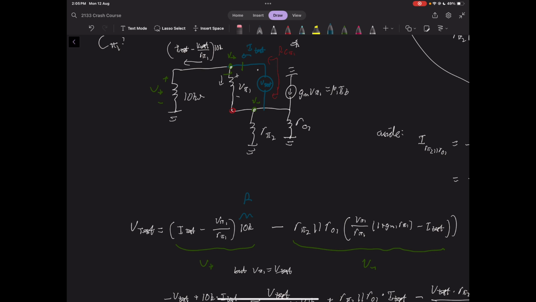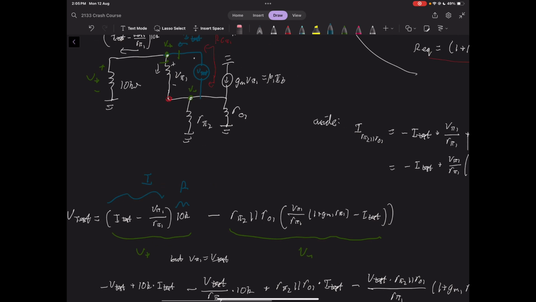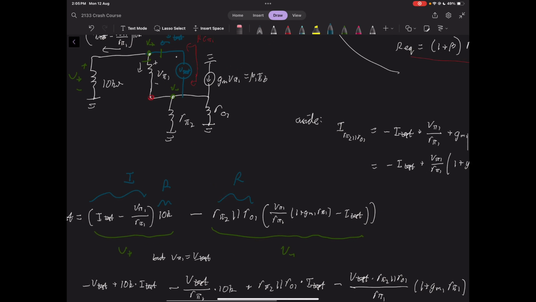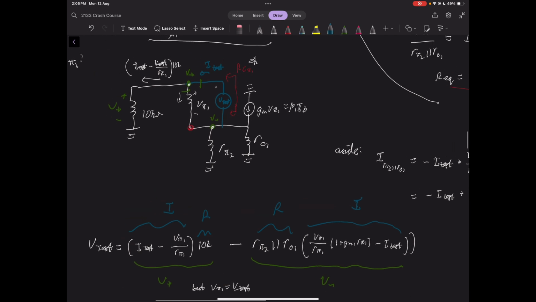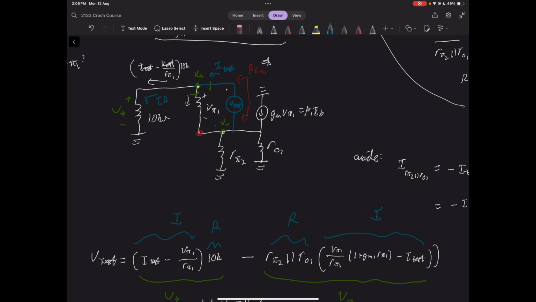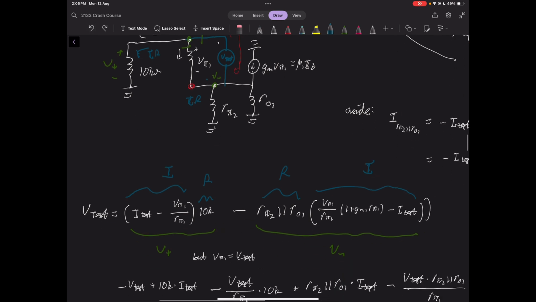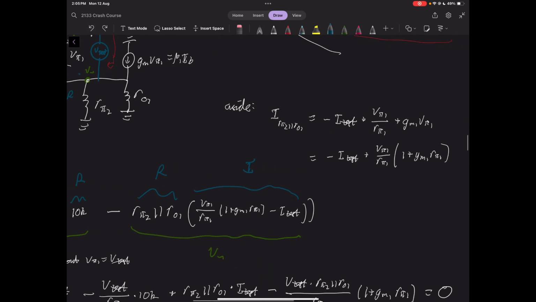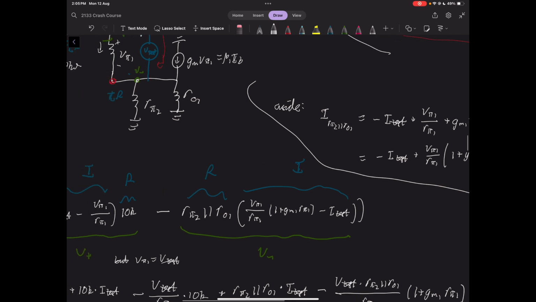This is our R, this is our I, this is our R, and this is our I. We're looking specifically at I R in this branch to get V plus, and then to get V minus, we're looking at I R, which is the current through these two resistors in parallel. It's quite ugly, but what you'll find is that the current through these two resistors is this working out on the side over here.